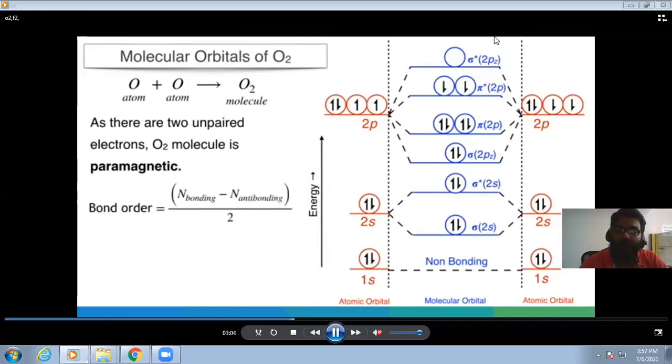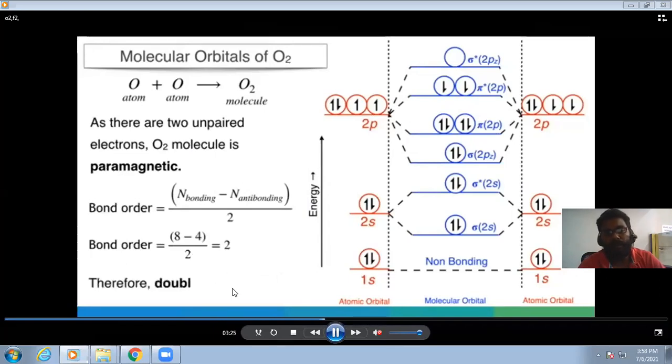There are unpaired electrons in the outermost orbitals. Because of the unpaired electrons, it is paramagnetic. The bond order is 8 minus 4 by 2 equals 2, so a double bond is formed.